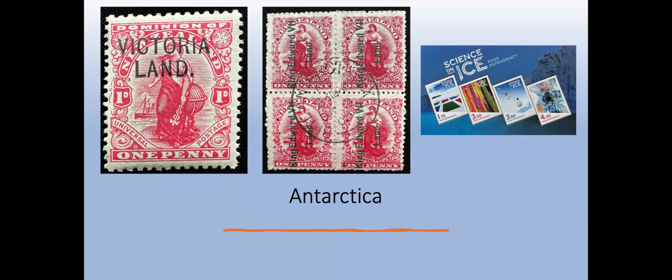On the left there, Robert Falcon Scott's expedition to Victoria Land in 1911, they overprinted the similar stamps with Victoria Land and used by expedition members. On the right there, New Zealand is continuing the tradition of Antarctic stamp production. Each year they come out with the Ross Dependency or Scott Base issue, as seen on the right there.